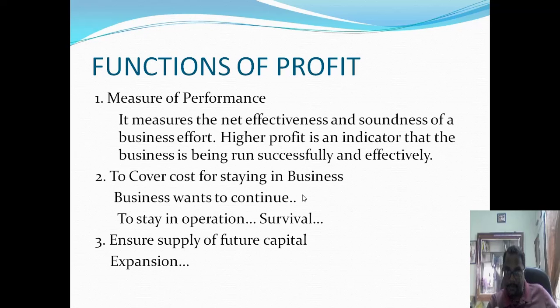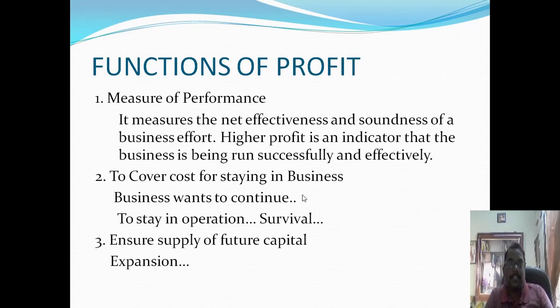Here the question is how a business's performance is measured, by knowing the profit. By knowing the change of profit from the preceding year to the current year, we can measure how much performance is given by the business. So that is the first function of profit.